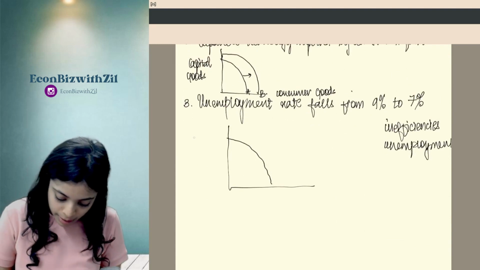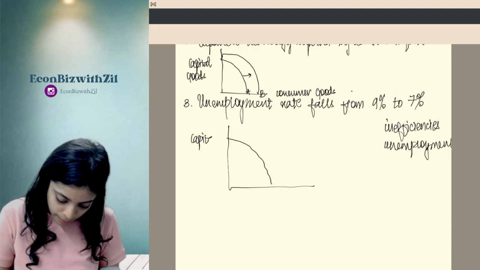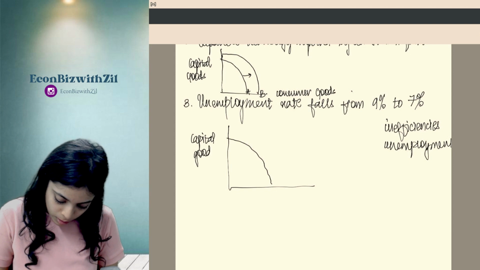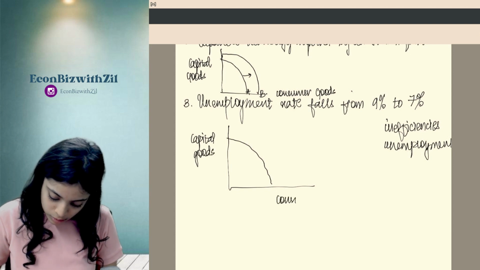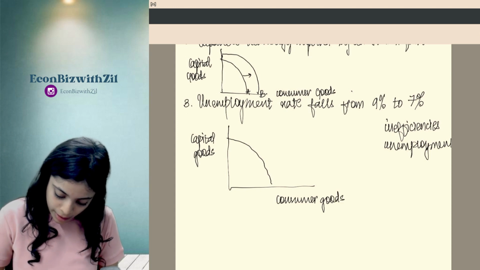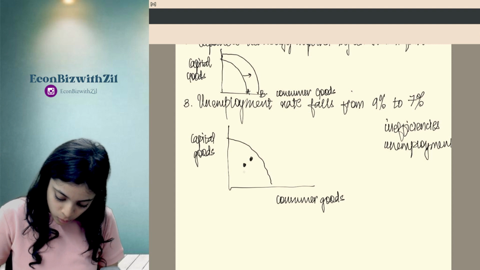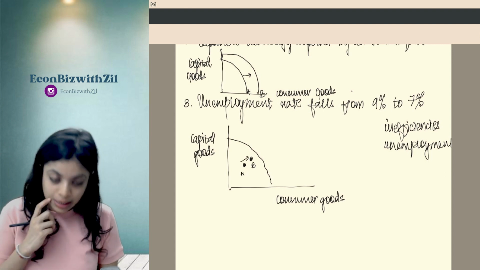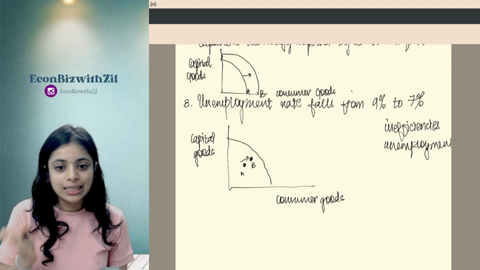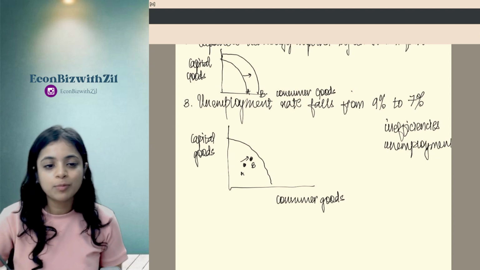Again, capital goods and consumer goods. Unemployment falling will mean that it'll go from point A to point B like this. Point A is a little farther from the PPC and point B is a little closer.